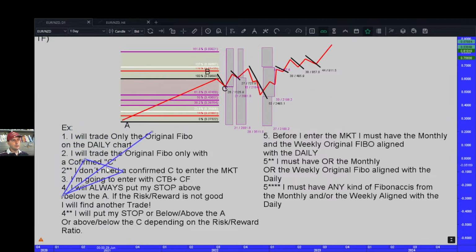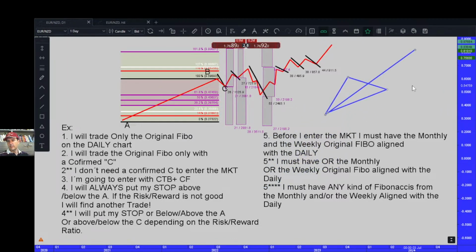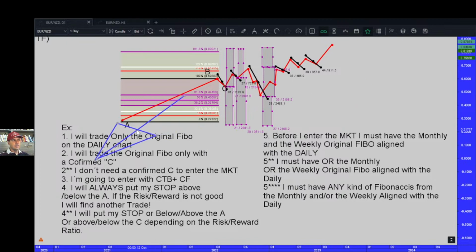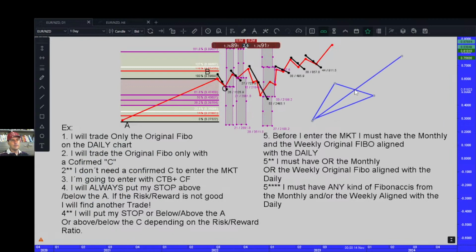Same 1, 2, 3, 4, different number 5 because of the variations, different entry. Does this make sense to everybody? And here too, you have variation on the number 2, you have variation on number 4.